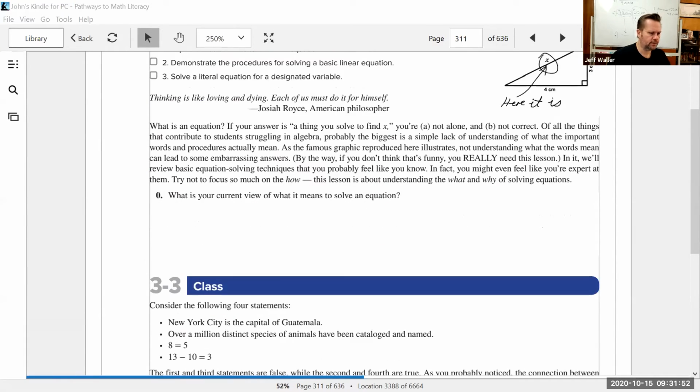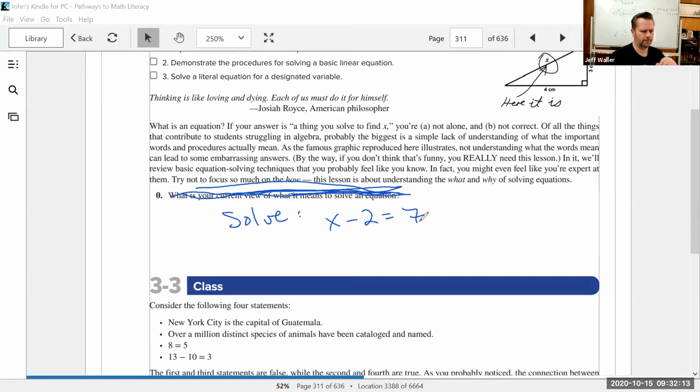So let me ask you this. Let me see what you guys think. What is your current view of what it means to solve an equation? All right. Solve this equation.